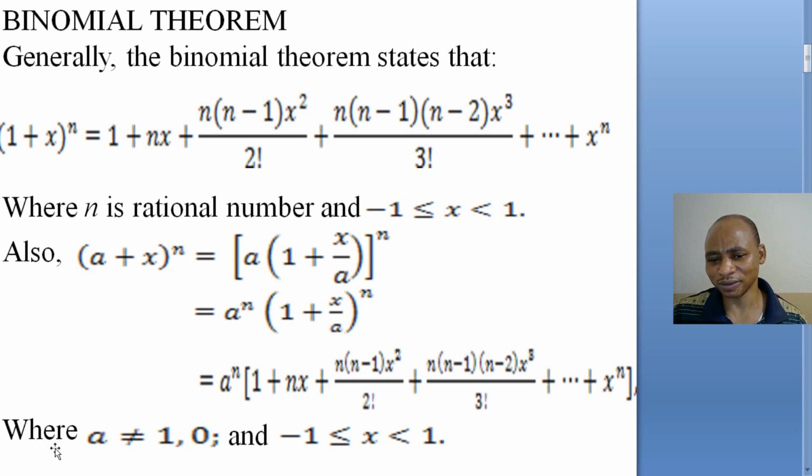And in this case, the a concerned here shouldn't be equal to 1 or 0. And x maintains the previous condition, that is, -1 is less than or equal to x, and x less than 1.